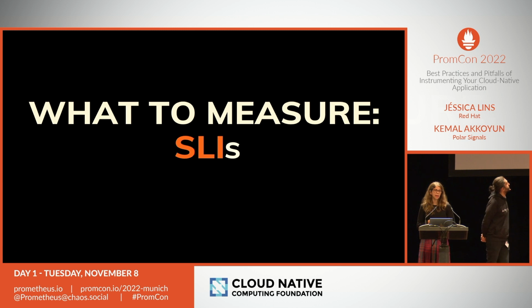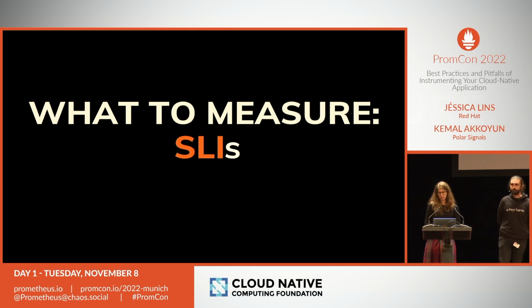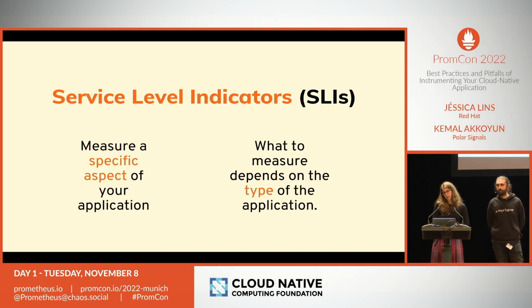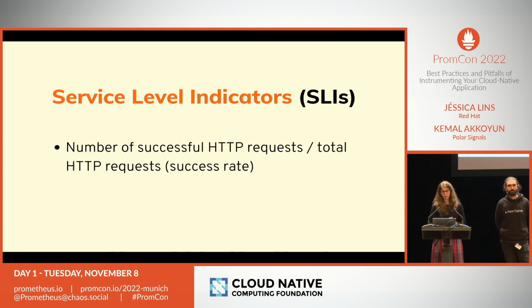For that, we use SLIs. SLIs stand for service level indicators, and there you measure a specific aspect of your application. What you measure also depends on the type of application. So for example, you can have the number of successful HTTP requests divided by the total number of requests. That would be your success rate.